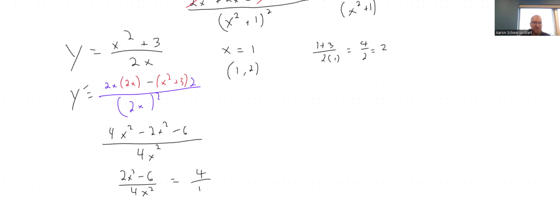It's -4 over 4, which equals -1. Equation for my tangent line: I use point slope, y minus 2 equals negative 1 times (x minus 1). You can put the 1 if you want, but you don't have to. You can distribute, put it in slope intercept if you want, but you don't have to.